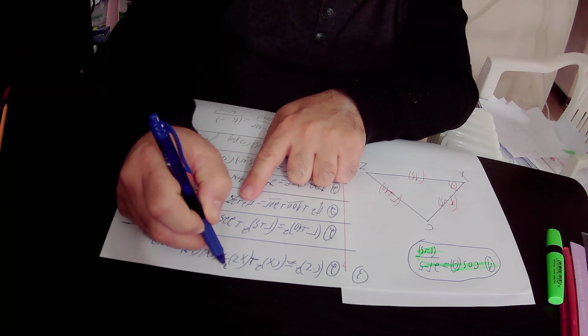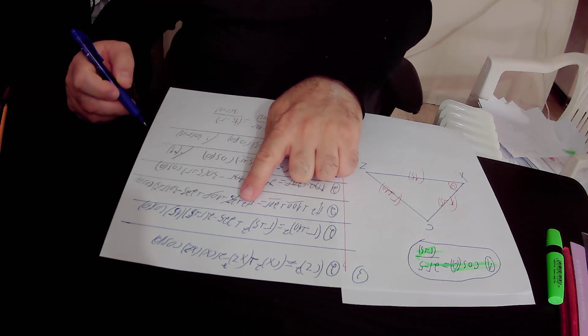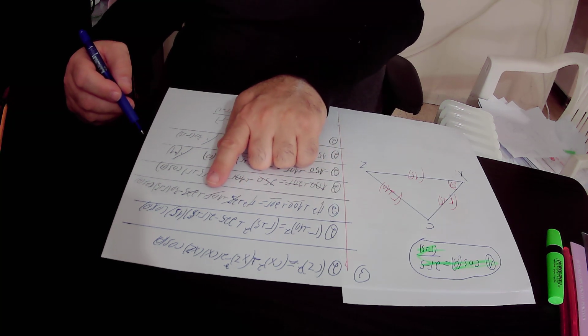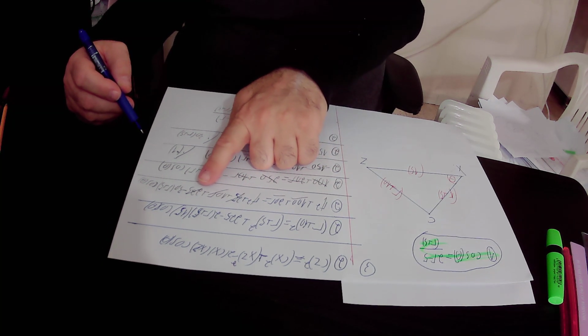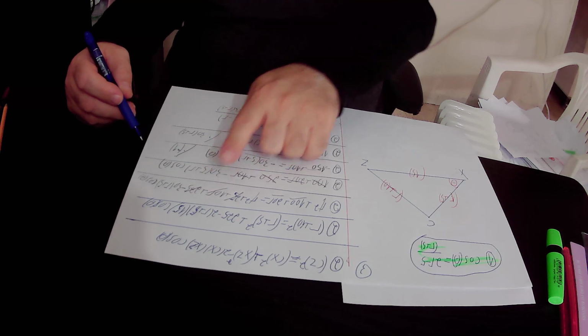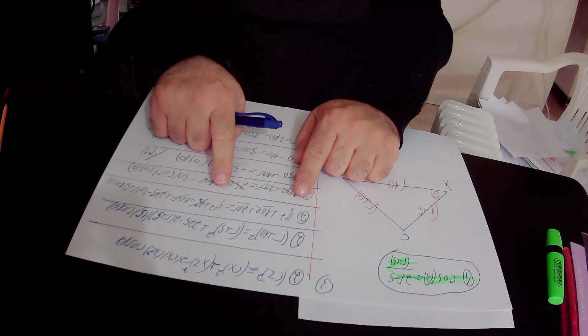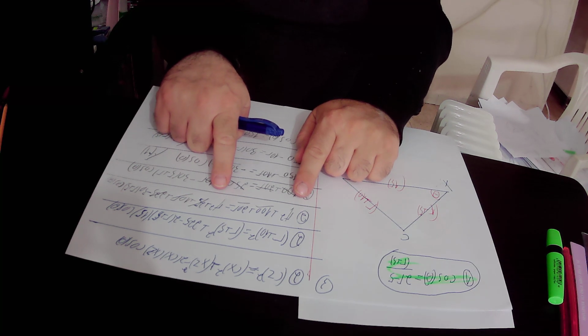XZ is 15, so XZ square is 15 square, which is 225, minus 2 times CX, which is r plus 5, and XZ, which is 15, times cosine theta. Here we have r square on both sides of the equation, so r square will get cancelled.